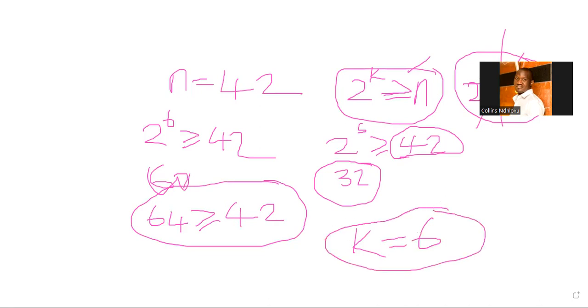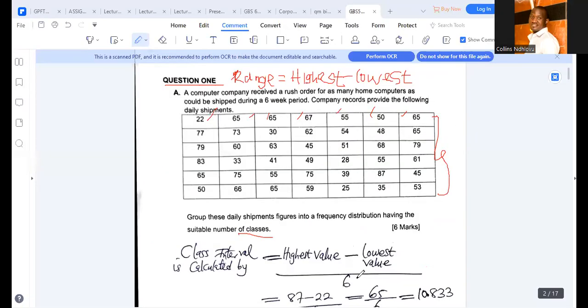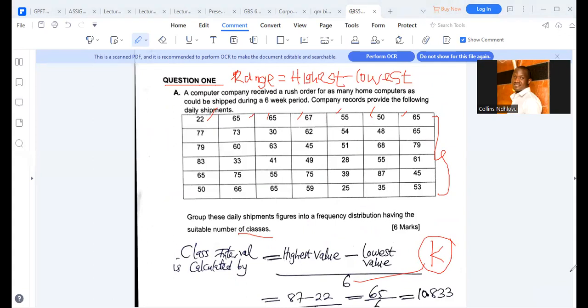So we now know that 6 is our k, because it's the number that first exceeds 42, from this interpretation of k, 2 to the power k should be greater or equal to n. Now, our n is 42.